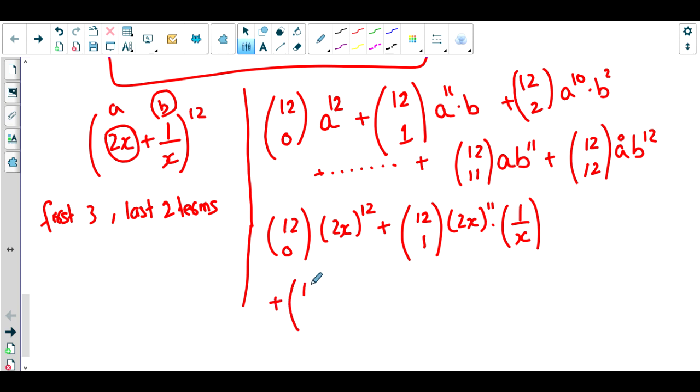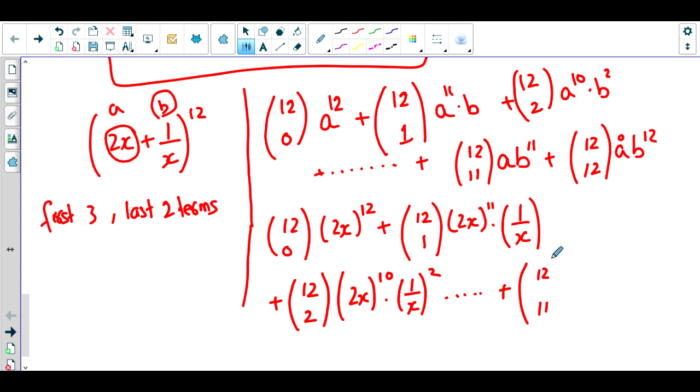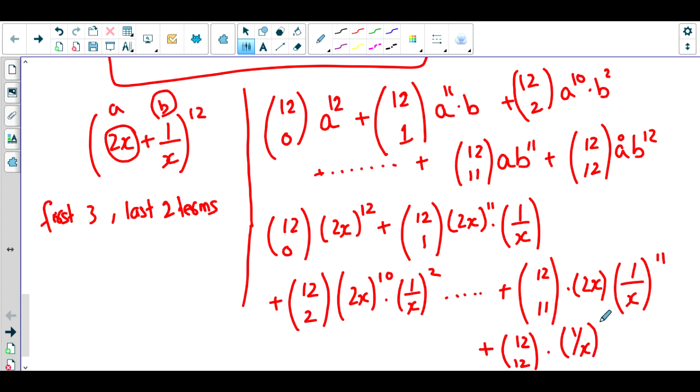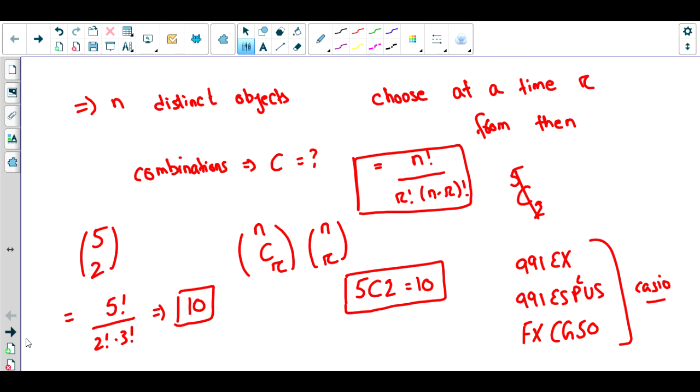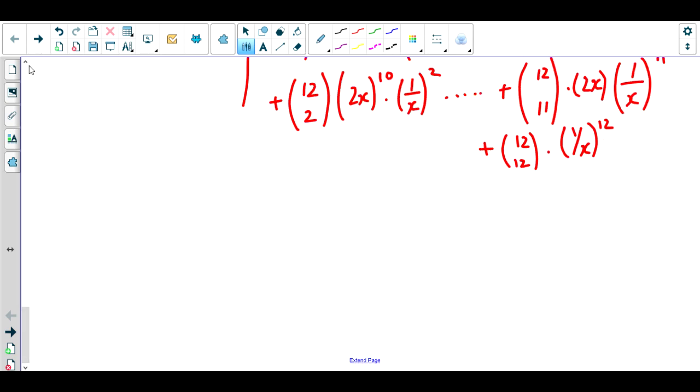Plus 12C2 (2x)^10 into 1 over x squared, and so on, because we want to find the first three and the last terms. 12C11 (2x) into (1/x)^11 plus 12C12 (1/x)^12. See, we just used the binomial theorem and we substituted the values and we got to this point.